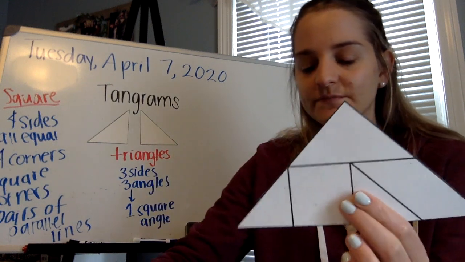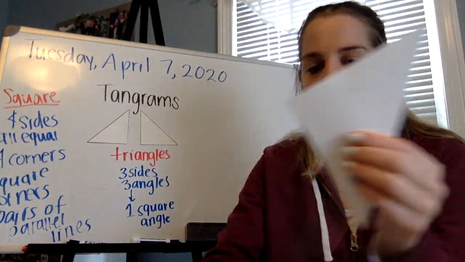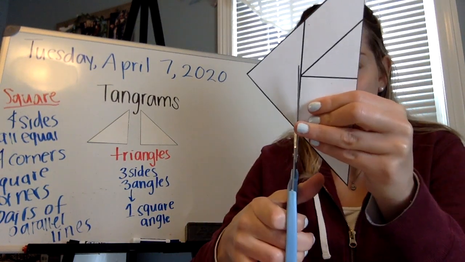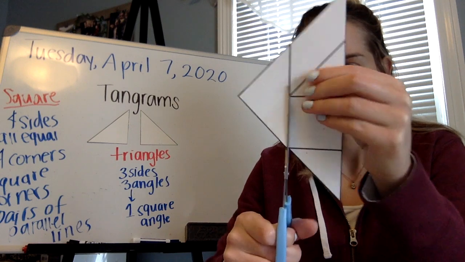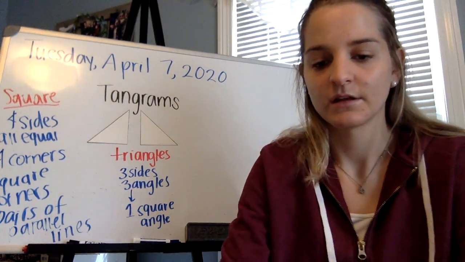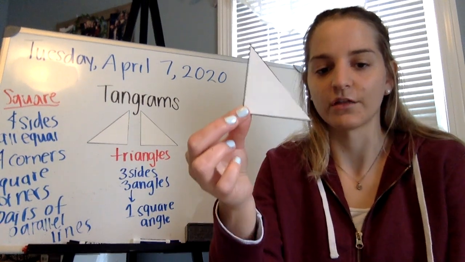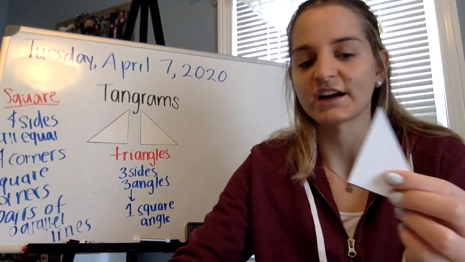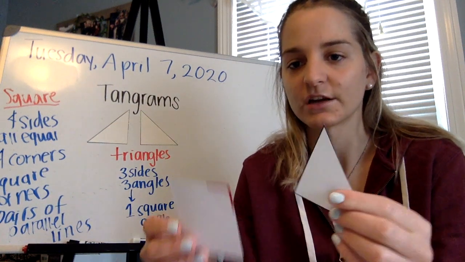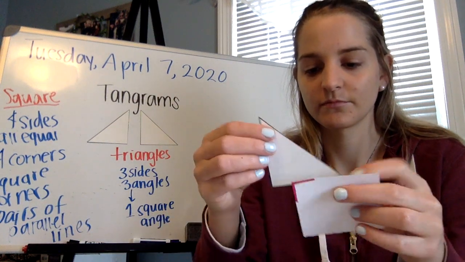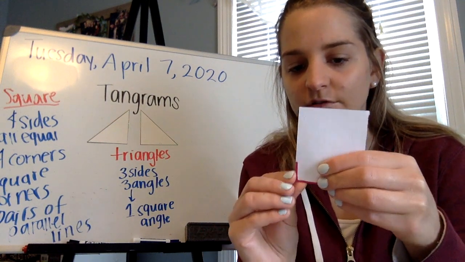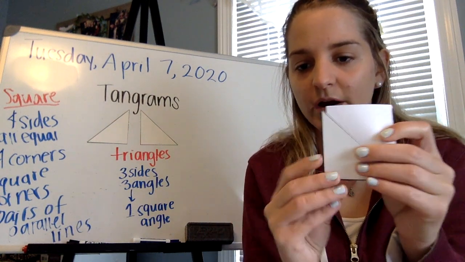But first, let's cut off this triangle on the top. Okay, I'm gonna try to show you as I do it. Okay, now let's look. We have another triangle. Let's check and see if it matches our characteristics of these triangles. So, it does have 1 square angle.